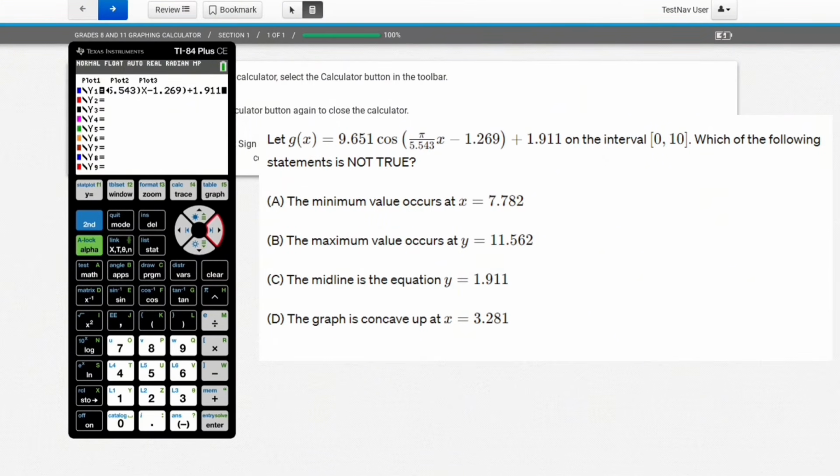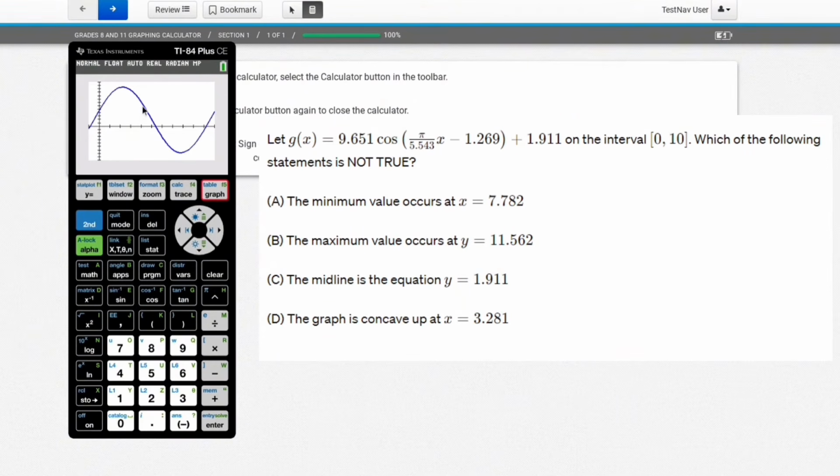Let's find out why. The graph is concave up at x equals 3.281. So let's go back to our graph. 3.281. Here's 1, here's 2, here's 3. So here's 3.281. And at that moment right there, that's concave down. It doesn't start going concave up until we hit the midline. Now, if you're paranoid and wonder, well, how do I know that's not like 1.2 or something like that?